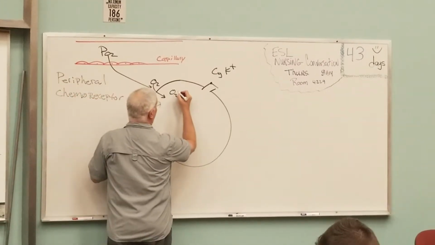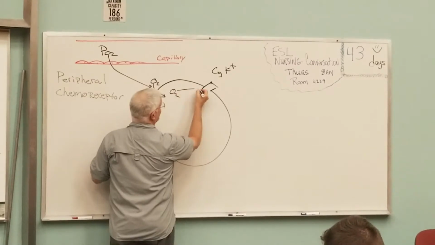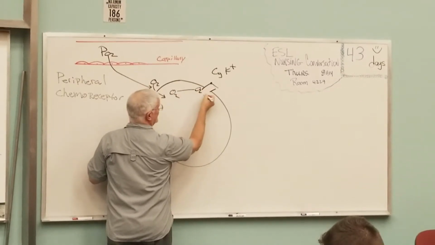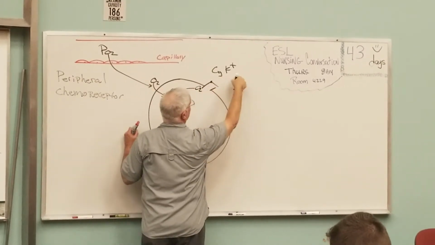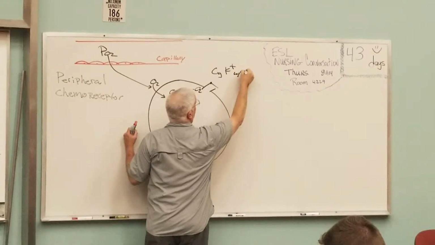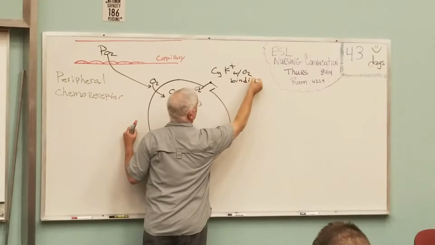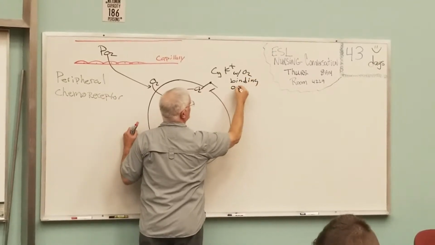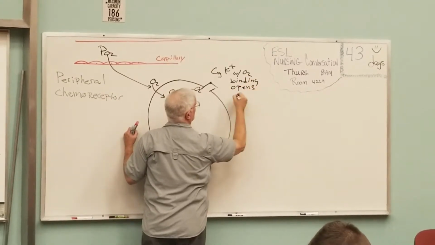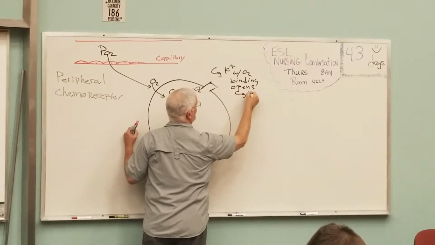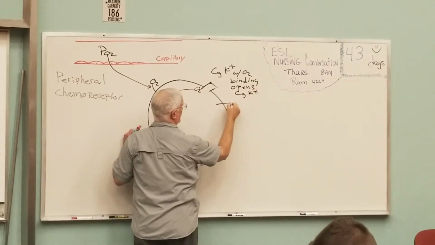And O2, when it does attach to this receptor, right? So chemical gated potassium channel with O2 binding opens. Chemical gated potassium channel. So we'll show it looking like right here.